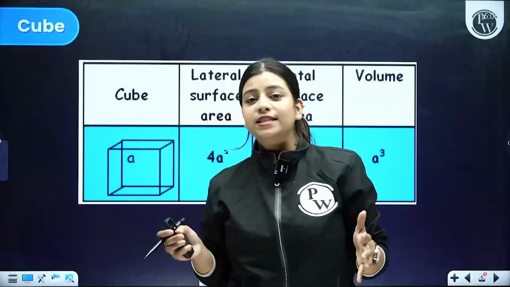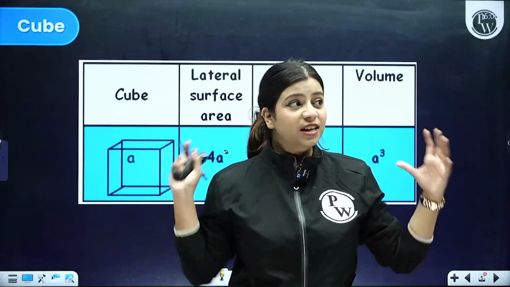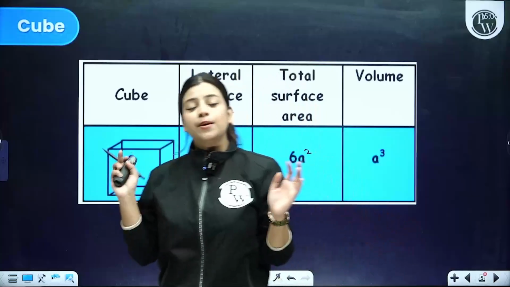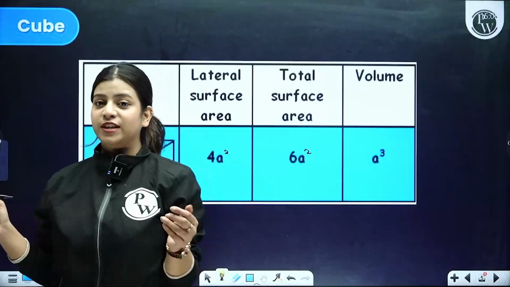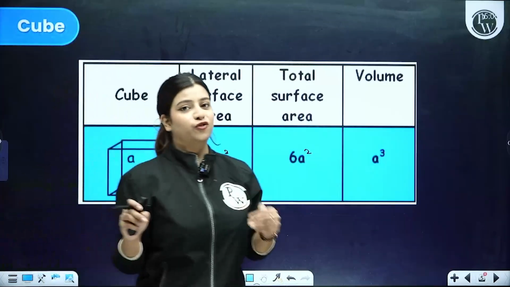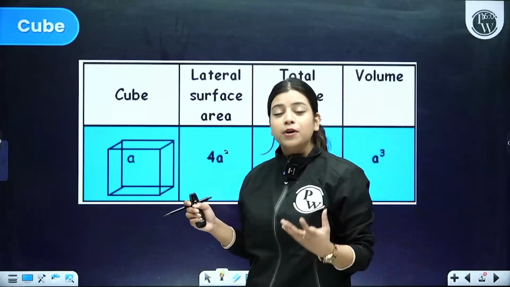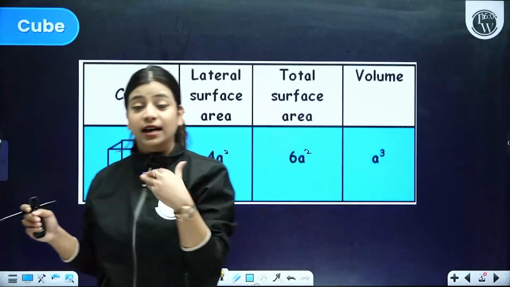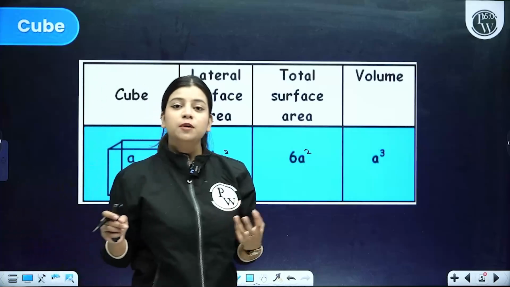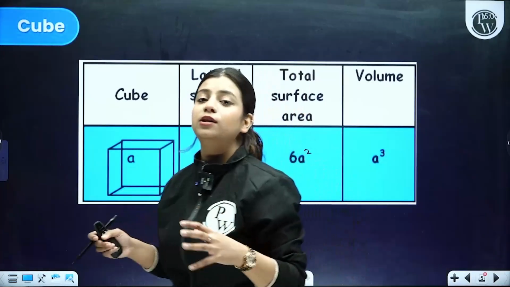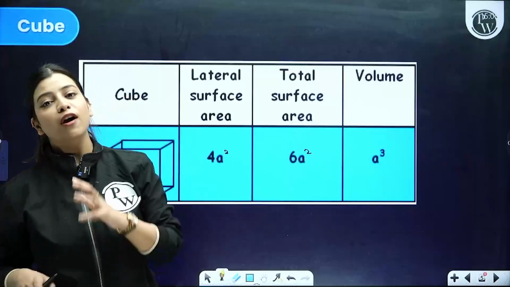You are sitting inside the room, you are breathing. That means this room has air inside it, which is fully filled, right? So the air which is present inside this room determines its volume. If you fill up your water bottle, that is 1 liter, that is its volume. So volume is the amount which can be contained in a particular solid.